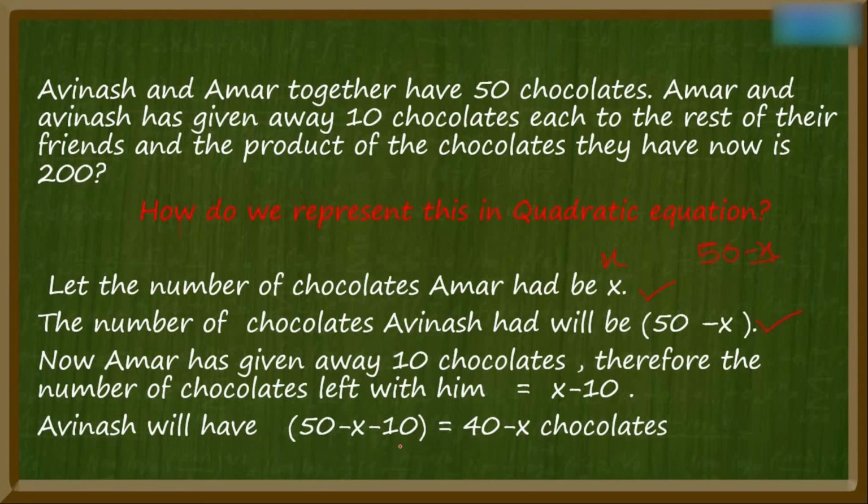I subtracted 10 here, because in the question it is given that along with Amar, Avinash has also given away 10 chocolates. Now Avinash will be left with 40 minus x chocolates, because 50 minus x minus 10 is 40 minus x.